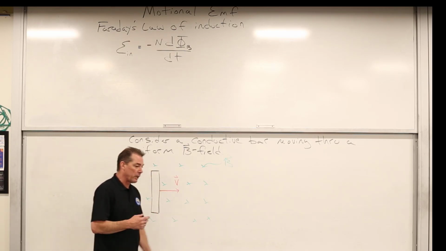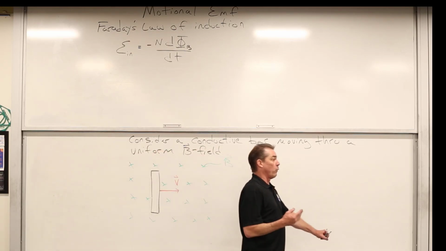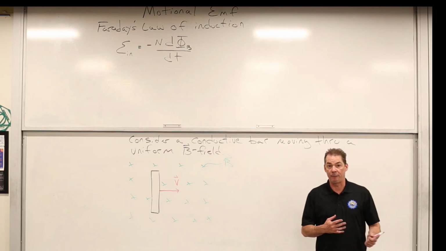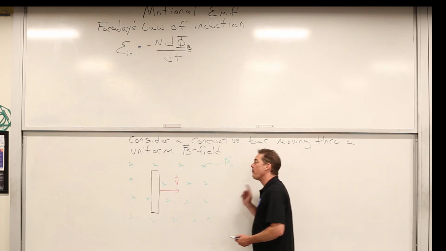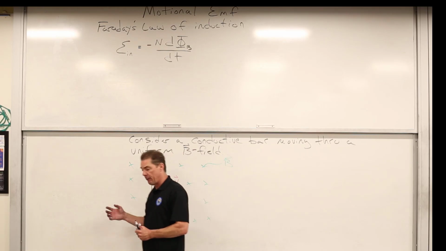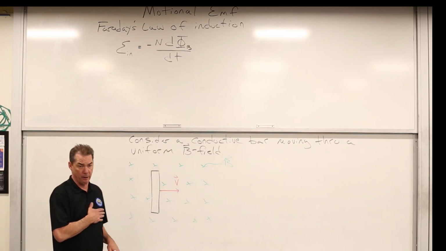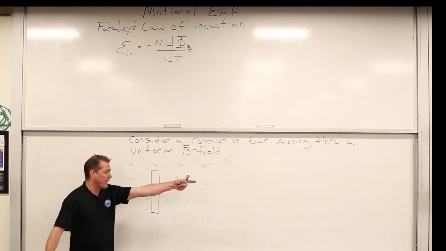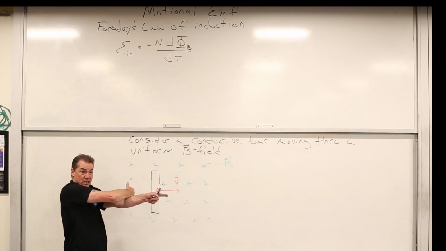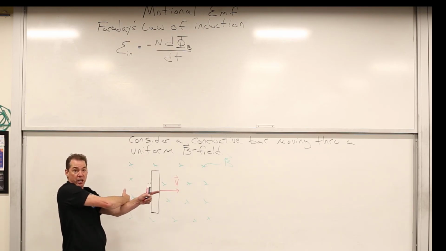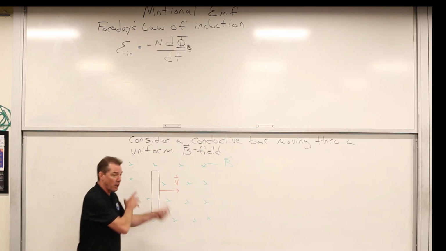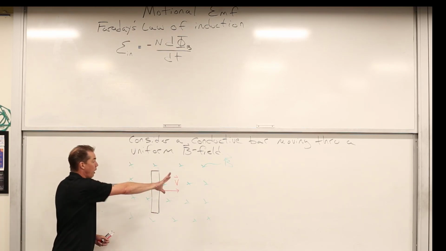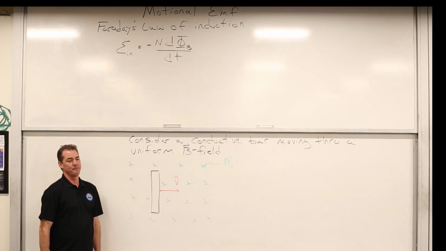We've already noted that there will be a magnetic force on a charge that moves through a magnetic field if there is some sort of tangential component of the velocity with respect to the direction of the magnetic field. In this particular case, all the charges are moving that way, the magnetic field is into the board, and they're perpendicular to each other. So there are forces on the protons and the electrons as this bar moves through this magnetic field.